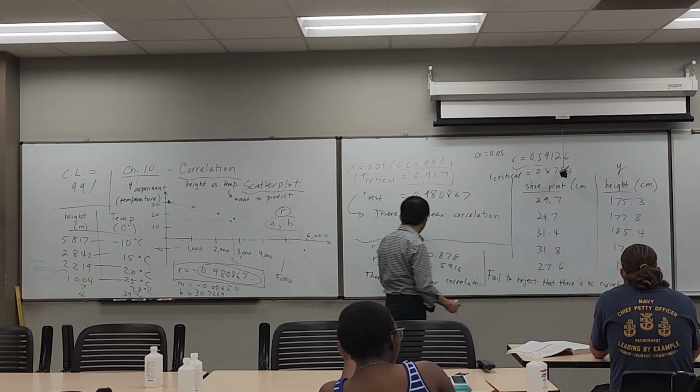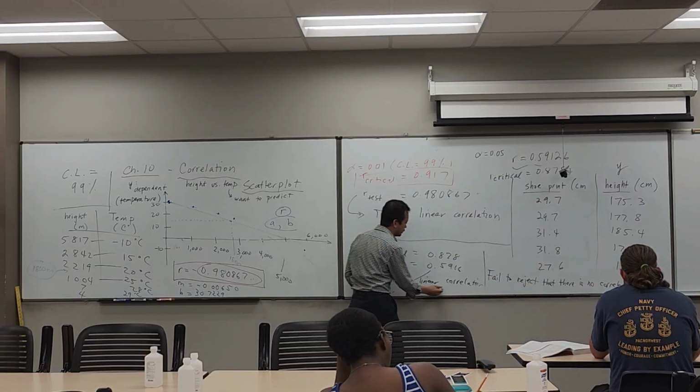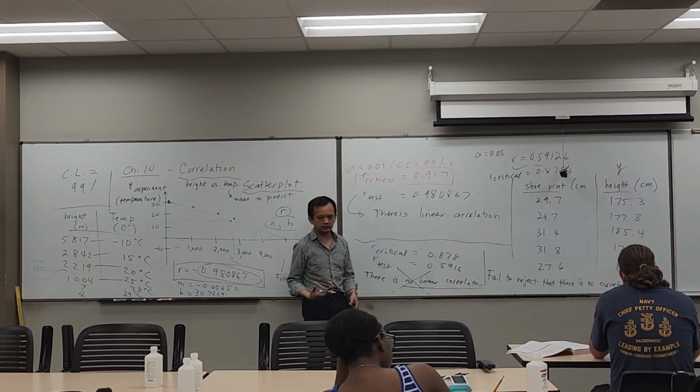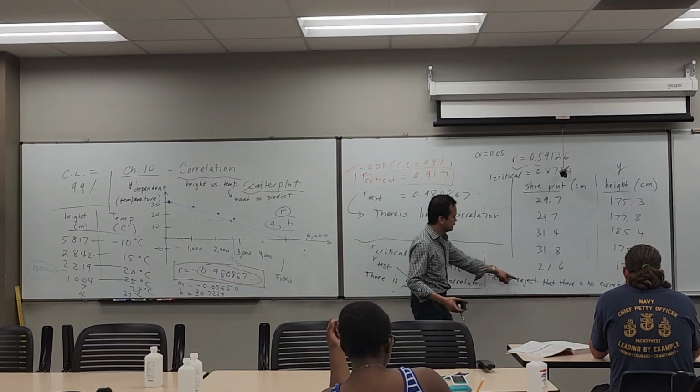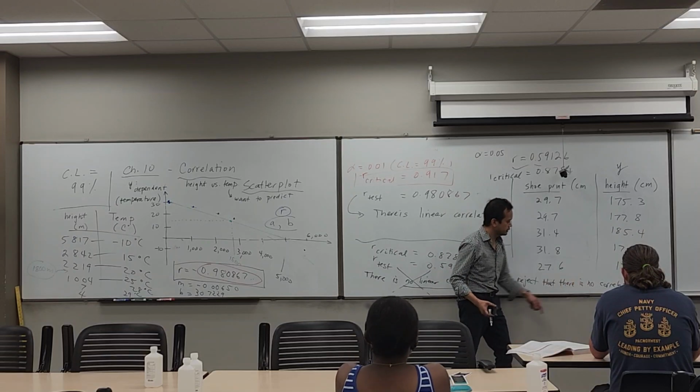So that means we haven't quite embraced no linear correlation yet, but we're going to lean towards that and hold on to that idea. It could be true. So we're not going to reject the idea that there is no linear correlation.